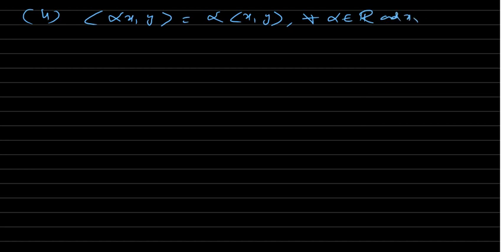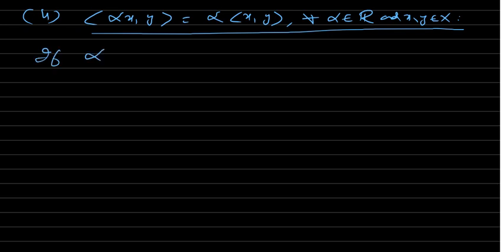The fourth property, which is very important, that's this: inner product of alpha x with y is equal to alpha times the inner product of x y for all alpha belonging to R and x, y belonging to X. So this is if alpha is a positive integer, then it's done, because if alpha is a positive integer, or you can say non-negative integer.